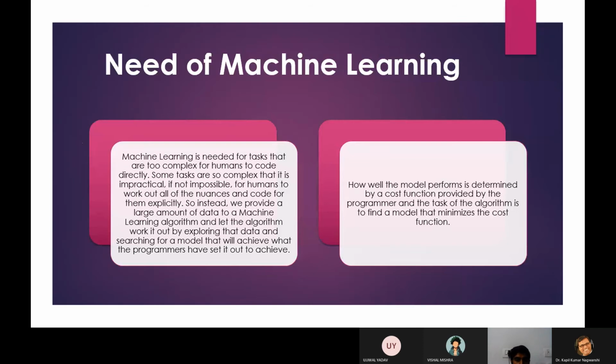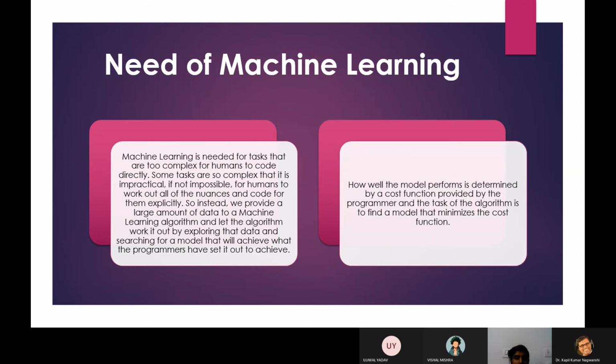Why is there a need for machine learning? Machine learning is needed for tasks that are too complex for humans to code directly. Some of the tasks are so complex that it's impractical, if not impossible, for humans to work out all the nuances and code for them explicitly.